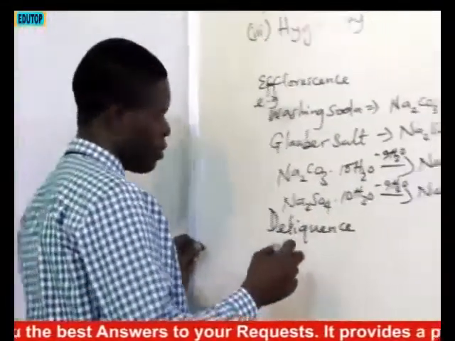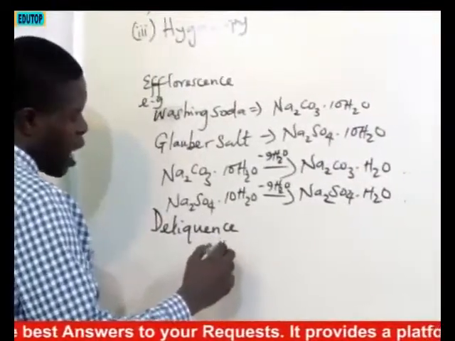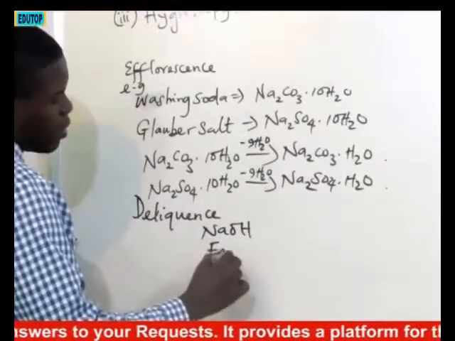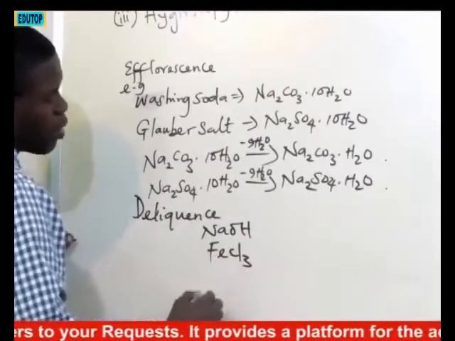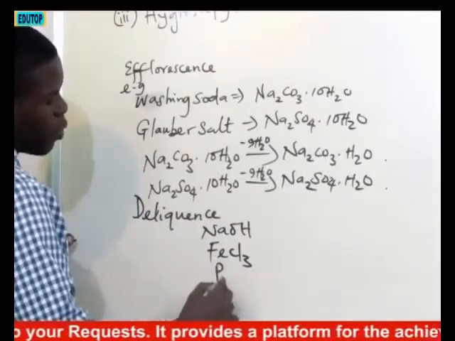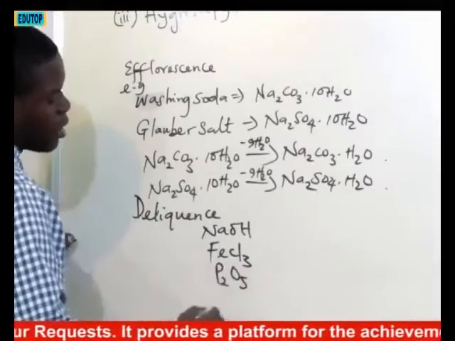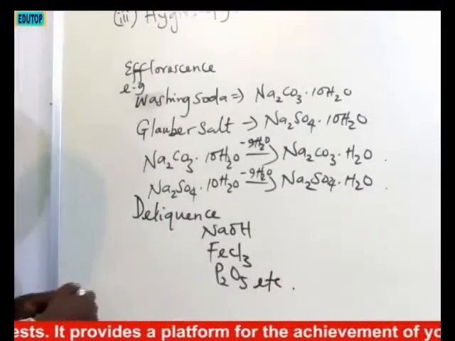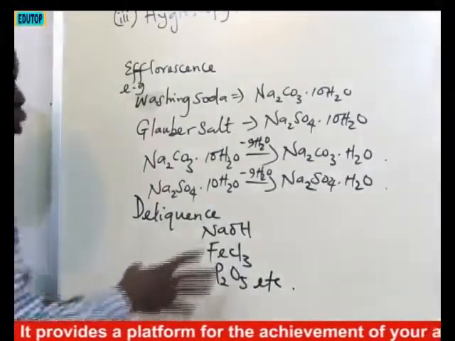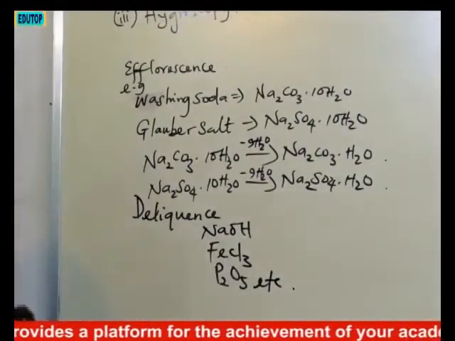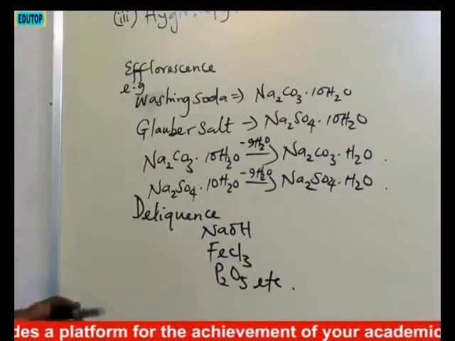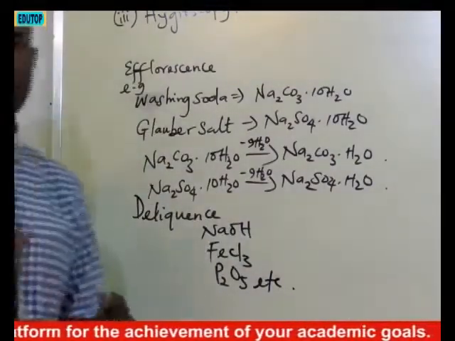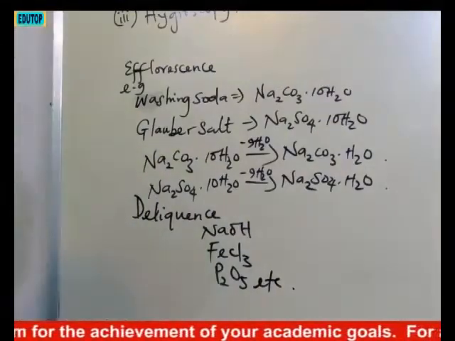Examples of such are sodium hydroxide, iron(III) chloride, phosphorus(V) oxide, and many more. So what they do simply is that once you expose them to the atmosphere, they will absorb moisture from the atmosphere and eventually turn into solution.